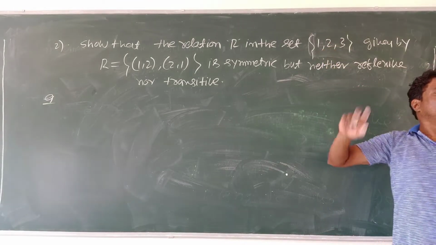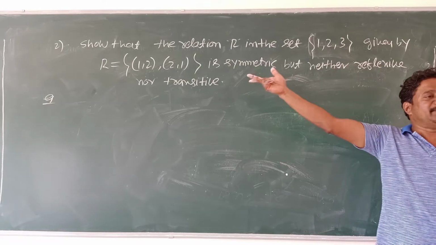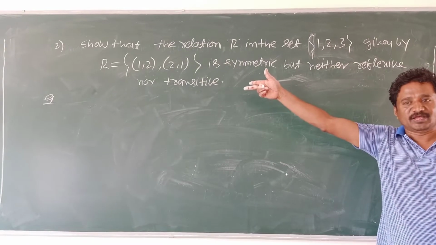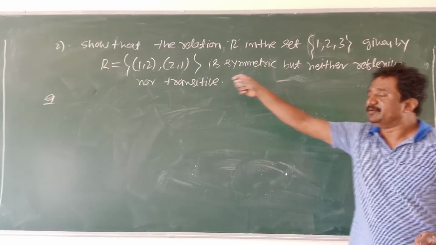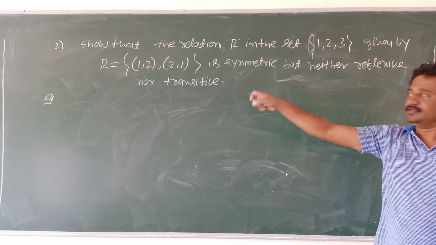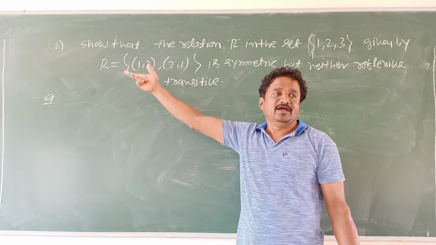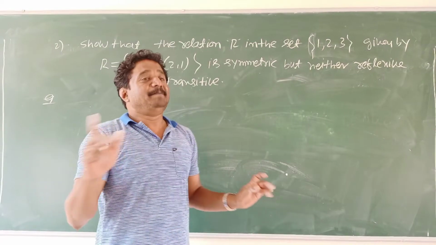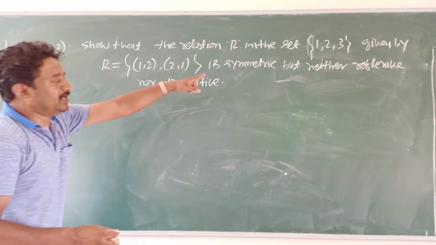Whatever relation we define, having a set is a must. Without a set you cannot write R. We take the elements in the set and relate them. For example, we relate 1 to 2, and then 2 is related to 1. That is what it means. (1,2) belongs to R means 1 and 2 are related. I explained that in the beginning classes itself. Basics are important, right?